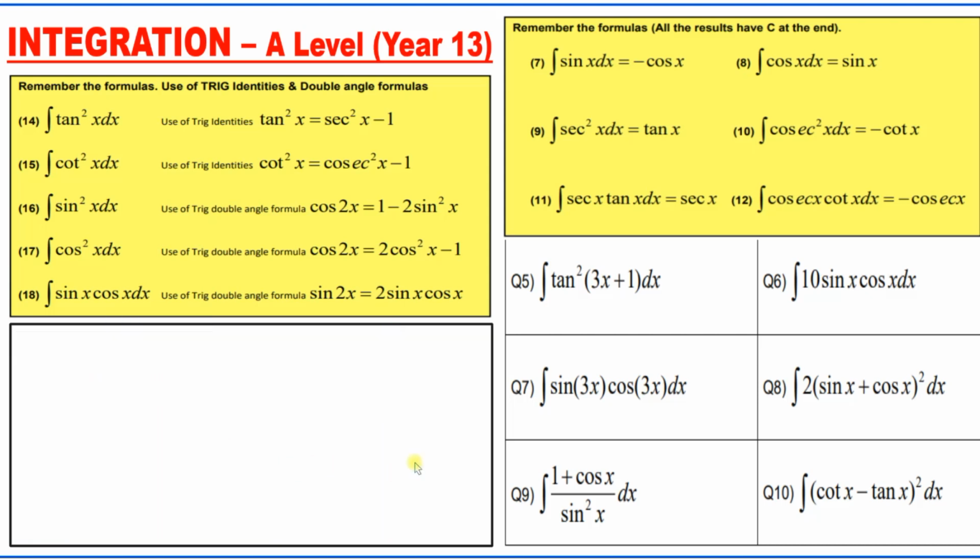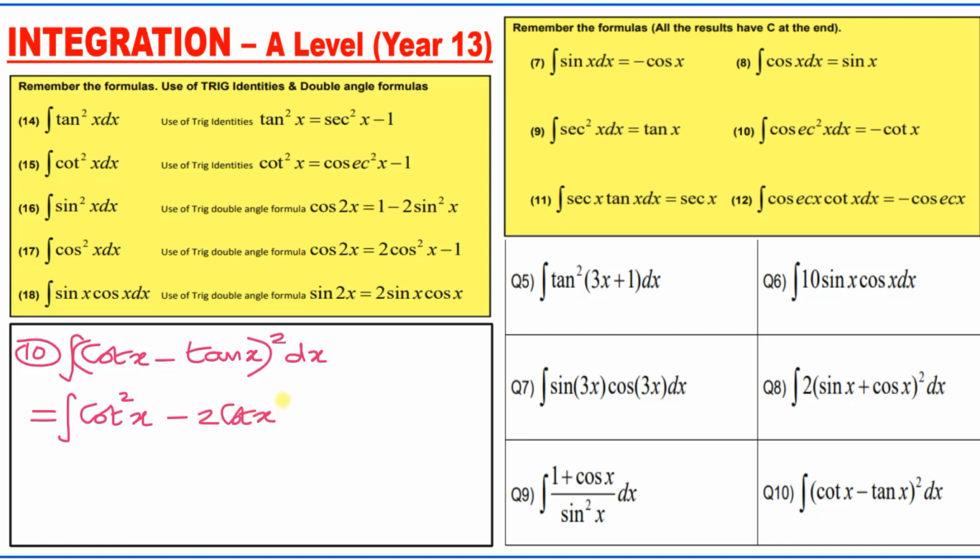Question number 10, again another integration with a trig function. Carefully, question number 10: integrating (cot x minus tan x) whole thing squared. Now we need to use the algebra (a minus b) whole thing squared. So integrating cot squared x minus 2 times cot x tan x plus tan squared x dx.